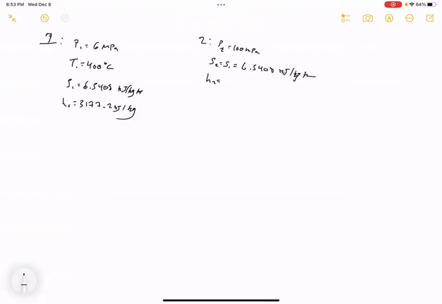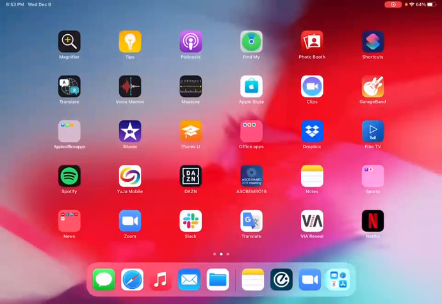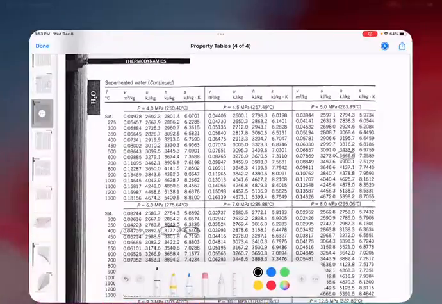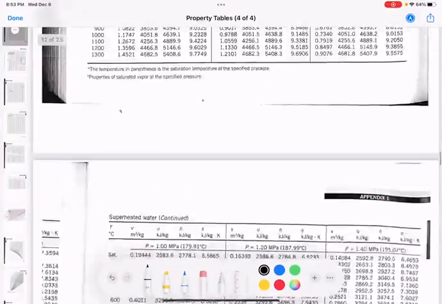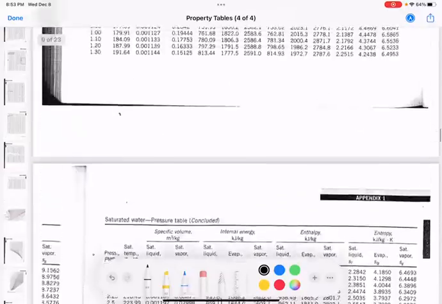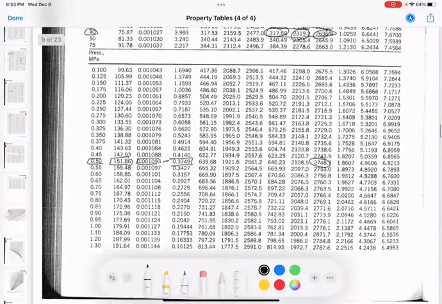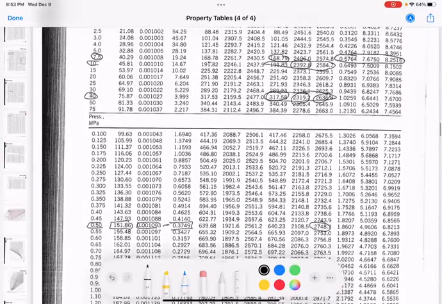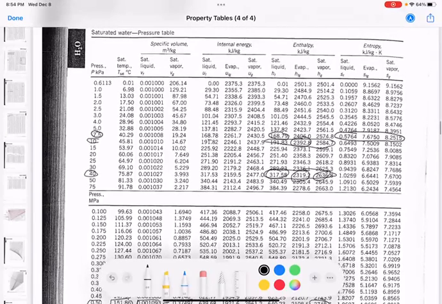Normally after a turbine, we're usually a relatively high quality mixture, but still a mixture. So I'm going to start by looking at the mixture tables, not the superheated vapor tables. Let's go here. We're looking for a pressure of 100 kilopascals, so 0.1 megapascals.